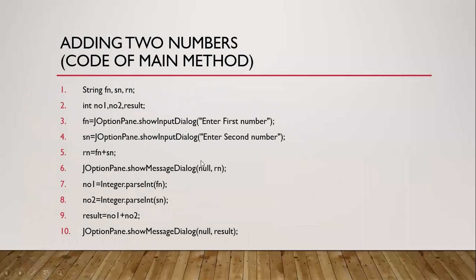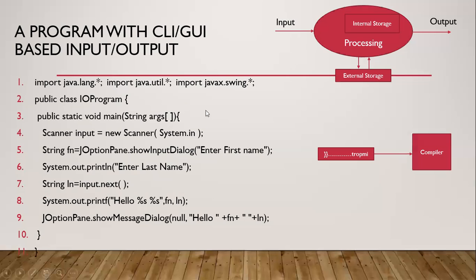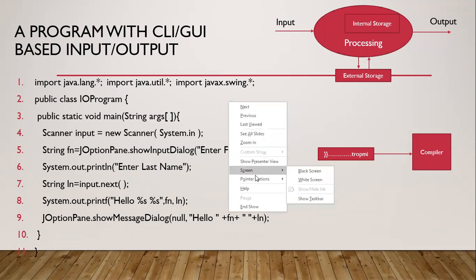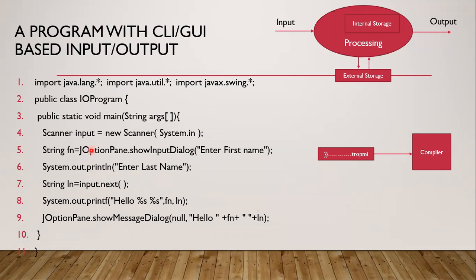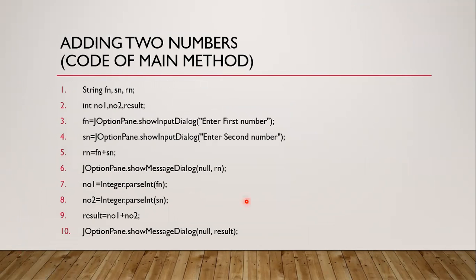Okay, here's another program. In this program, I'm only writing the code of the main method, because the rest of the things you already know. In the previous program, you have seen that we declared the variables on more than one line: input here, fn here, ln here. This is not a good software engineering coding practice.